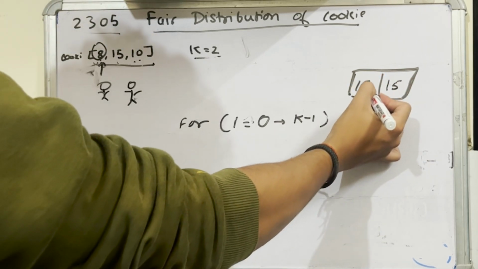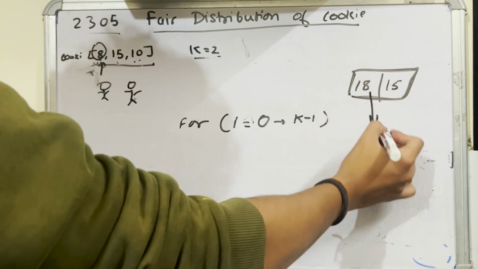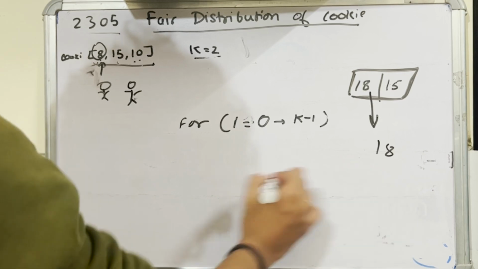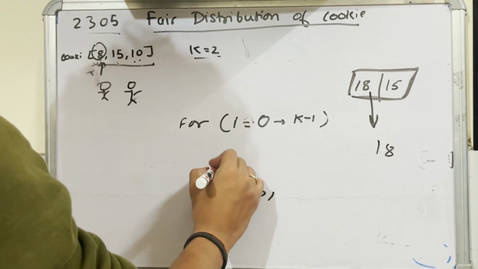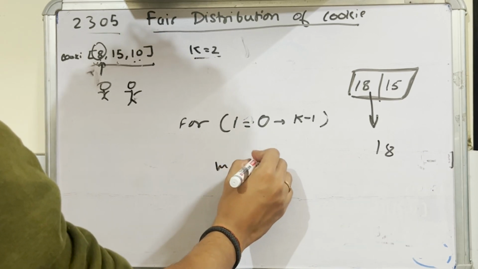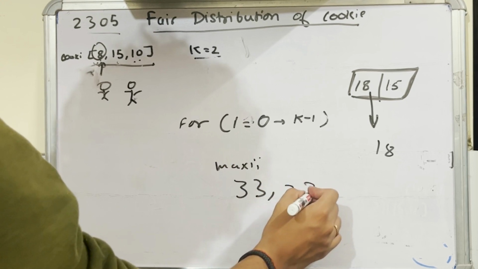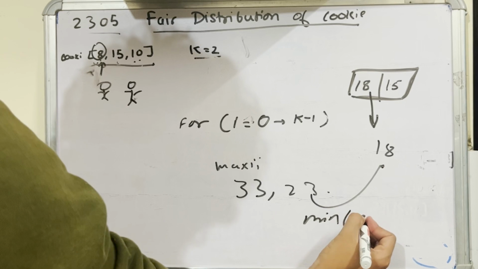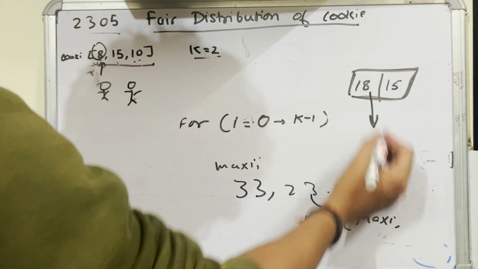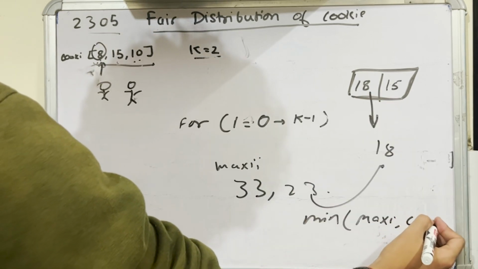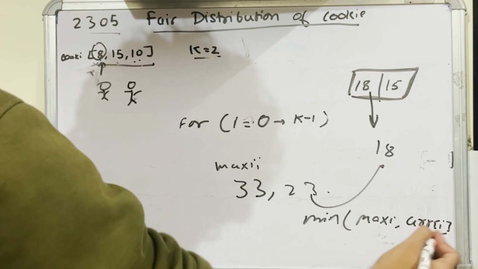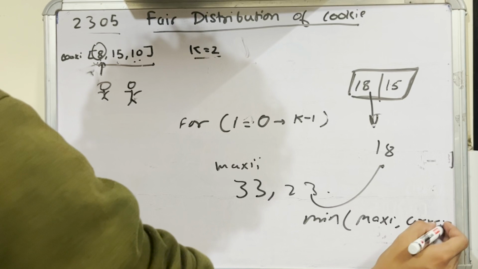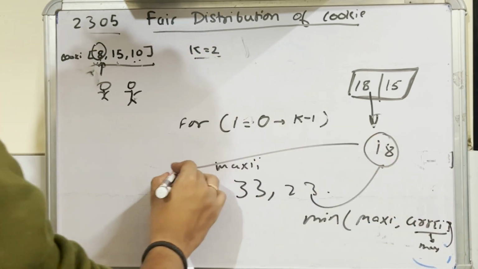So you'll pick out the maximum value from the array, then compare it with the other maximum values. Earlier your maximum value would be 33 or 23, something like that. You'll compare with 18, you will get the minimum value out of this, and the array's maximum, so that will be your answer.